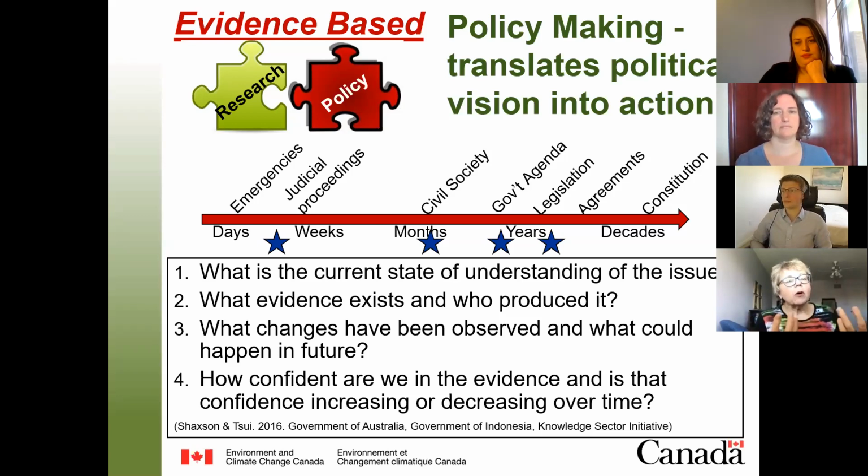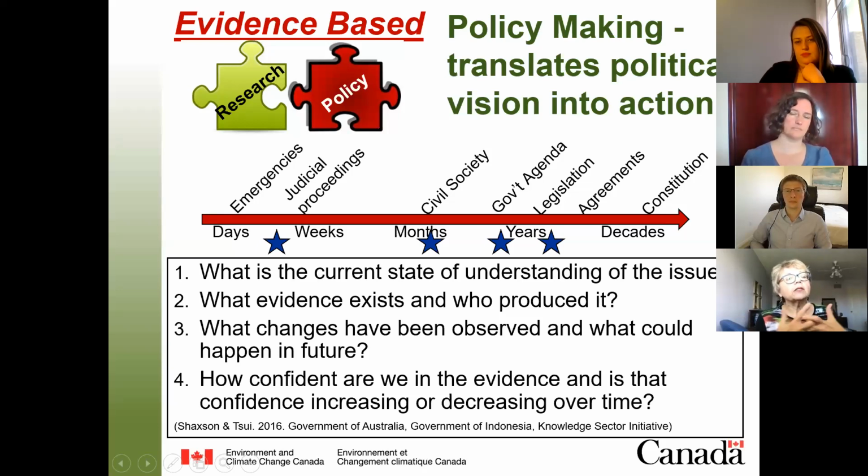One of the things that the policymakers will first look at is what is the current understanding of the issue in question, the issue for which policy needs to be made. And then secondly, is that evidence of sufficient quality? It's written here as what exists and who produced it, but it really gets down to the nub of it. Is it high quality evidence?